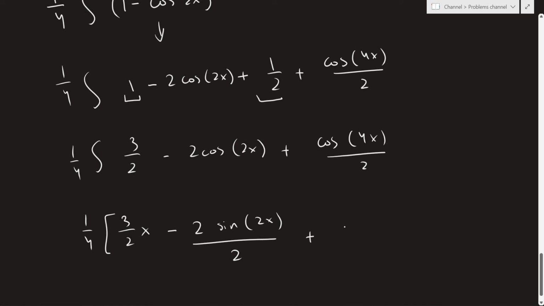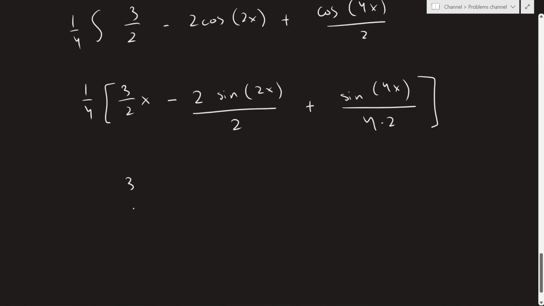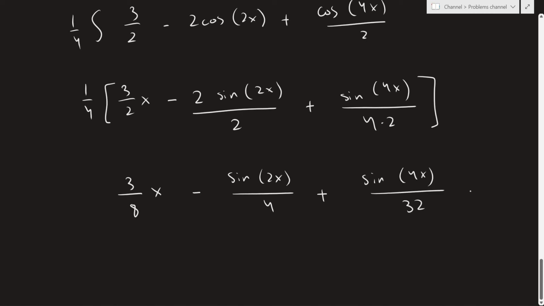Same thing with cosine 4x. It's going to be sine 4x divided by 4 times 2 because of this 2. So now distribute the 4. So it's going to be 3 over 8 x minus 2, we can cancel the 2 with 2 here. So it's going to be sine 2x over 4 plus sine 4x over 8 times 4, which is 32. And then plus c. And this is it.